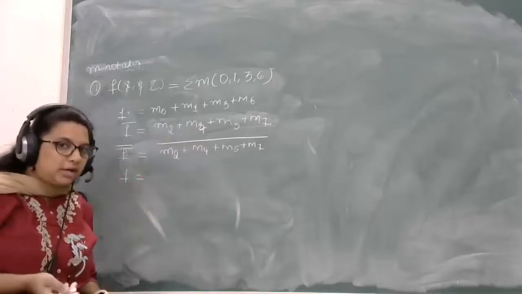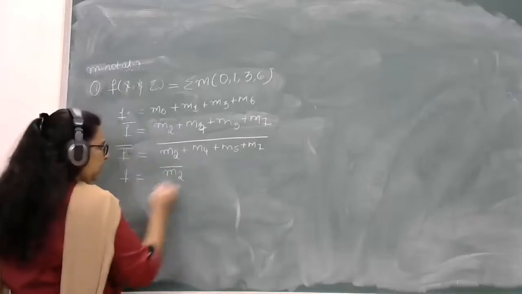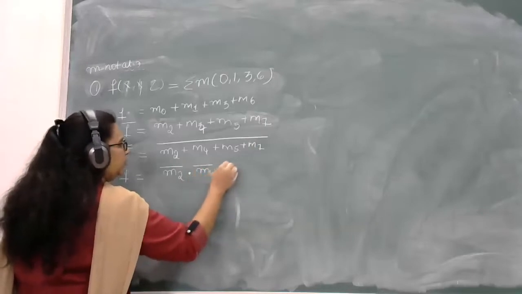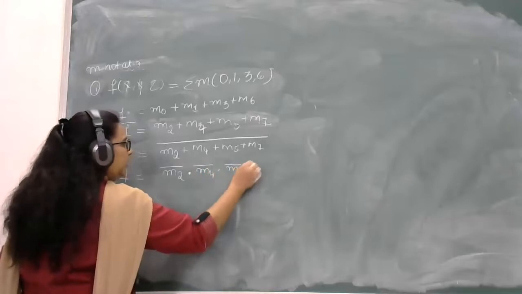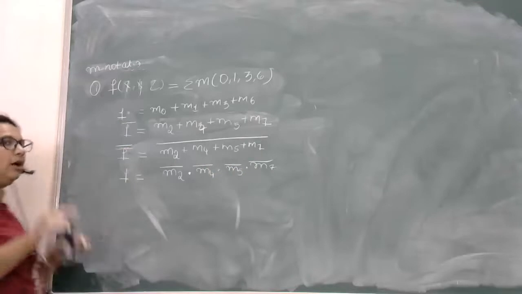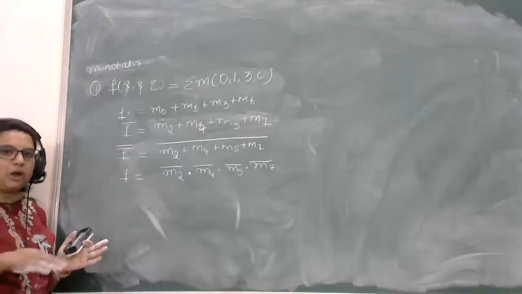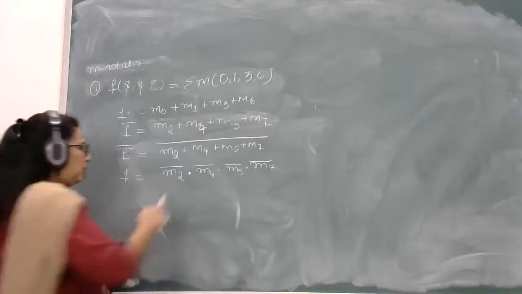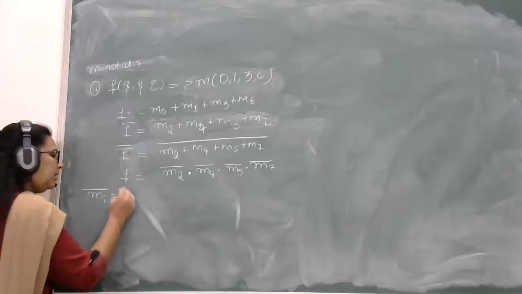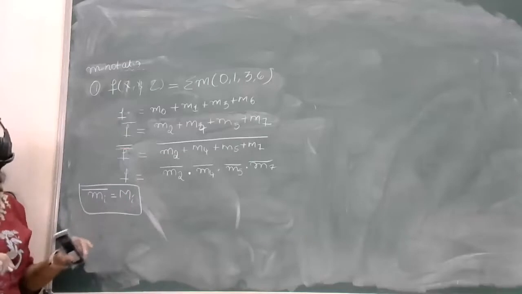Now, since I have put a complement on the entire function, I can apply De Morgan's theorem. It becomes m2 bar into m4 bar into m5 bar into m7 bar. De Morgan's theorem gives me the complement function, and we have seen in the previous example that mi bar is nothing but Mi, by applying De Morgan's theorem.